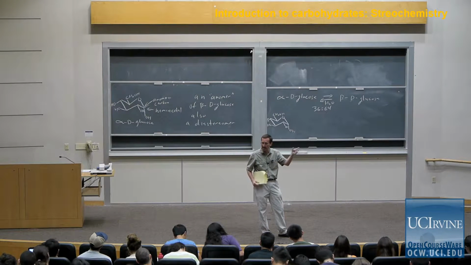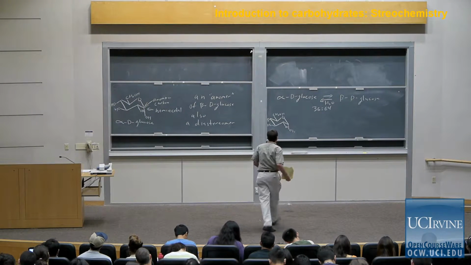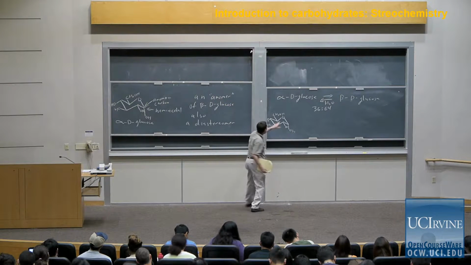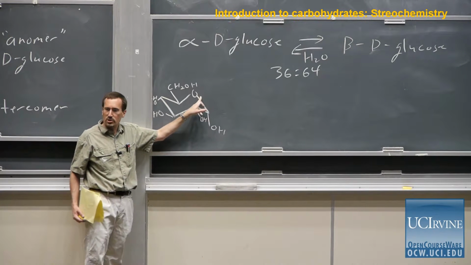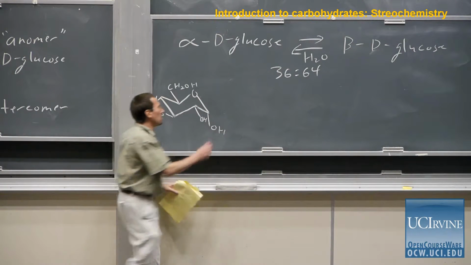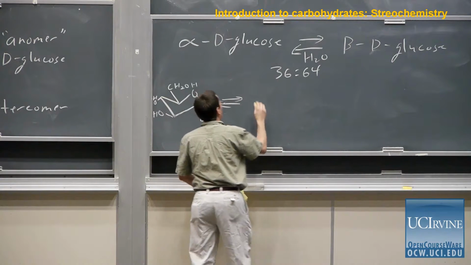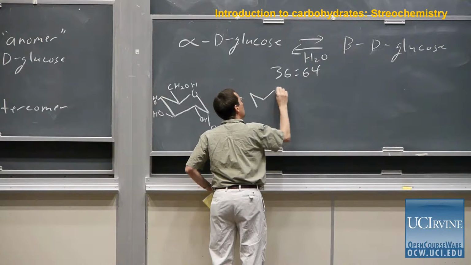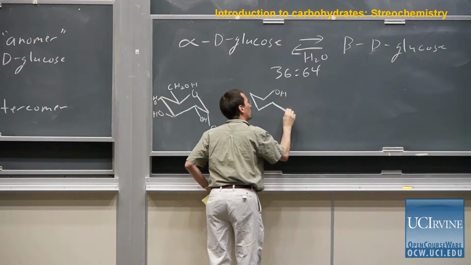You have 10 to the negative 7th molar H3O plus in neutral water. You can protonate all your oxygen atoms. If you protonate this oxygen atom, you can open the cyclic hemiacetal. And so I'll write a tautomer here. I will write the isomer in which we've opened this linkage.